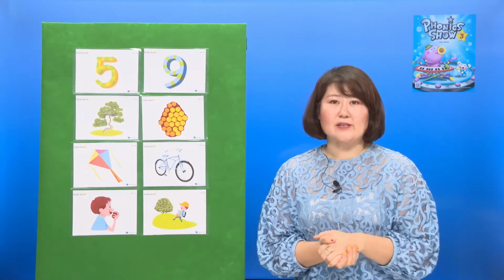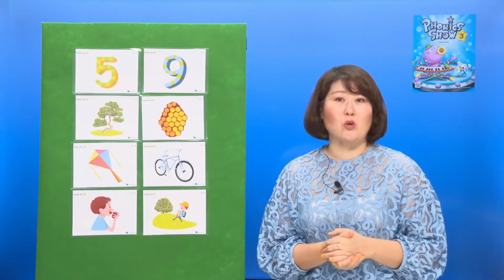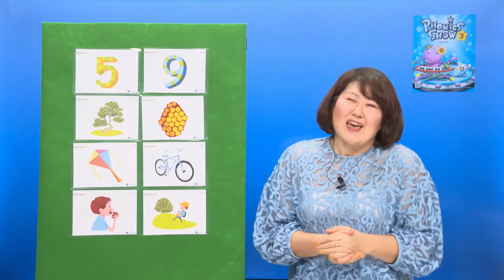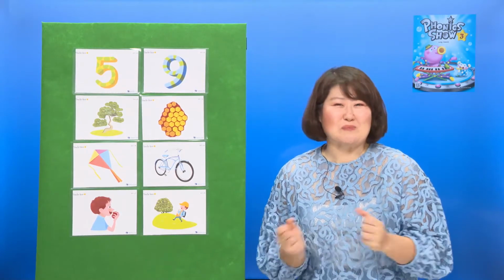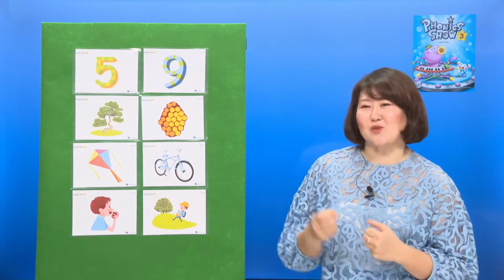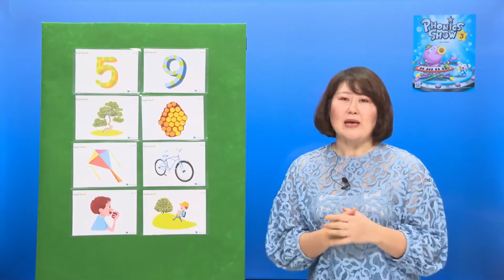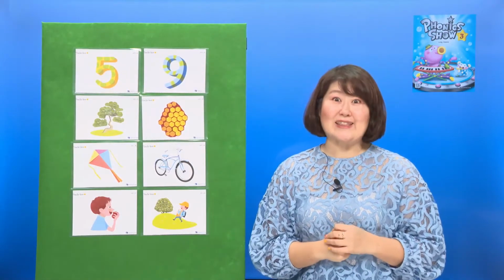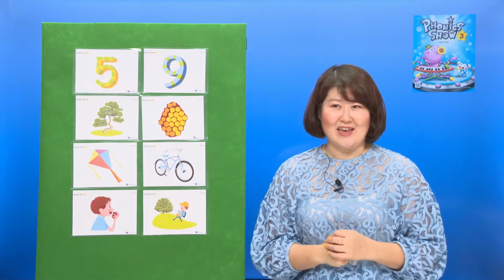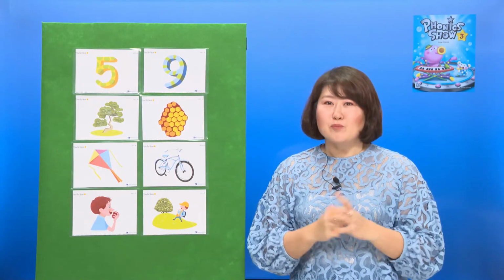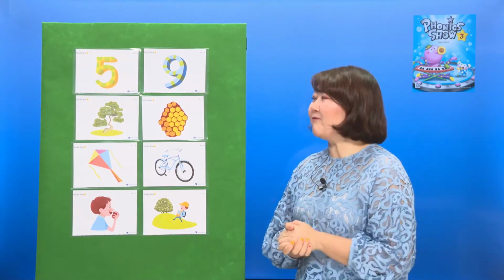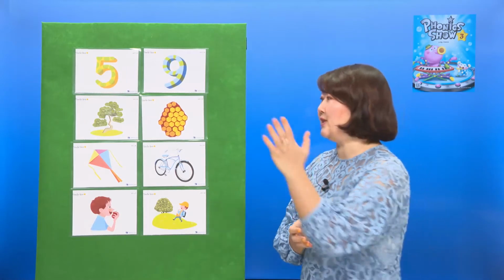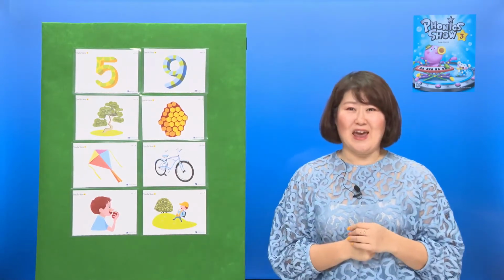In that case, you make sure they don't mumble. They tend to mumble when it comes to a speed game, right? They want to win, so they mumble and speed up. In that case, they need to go back to the first word and say it out loud once again.